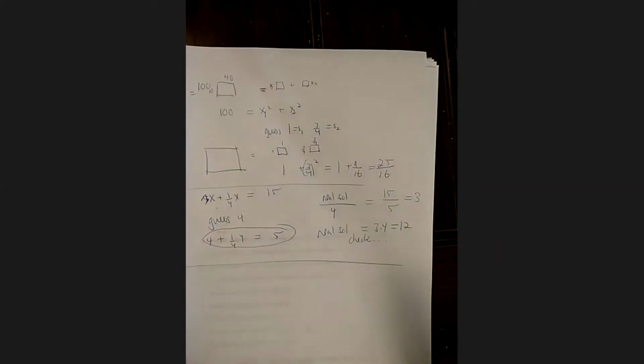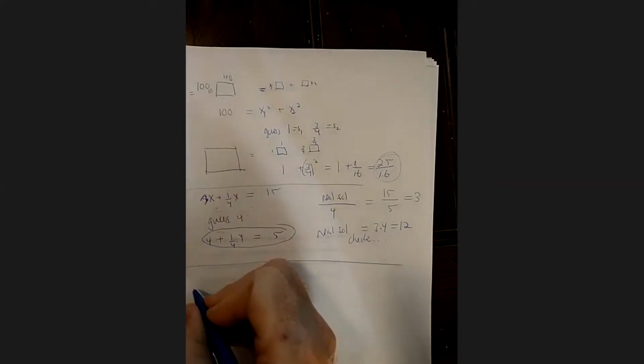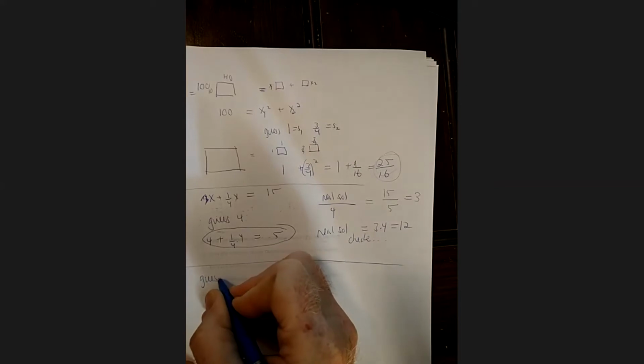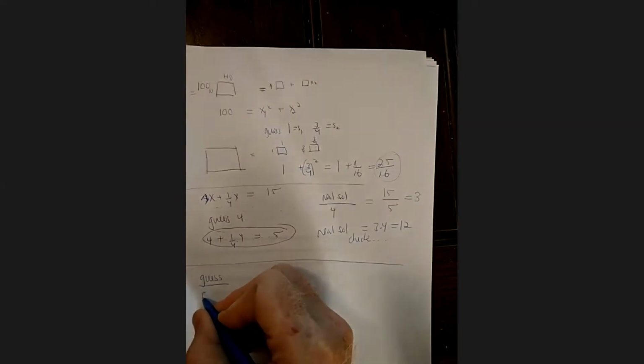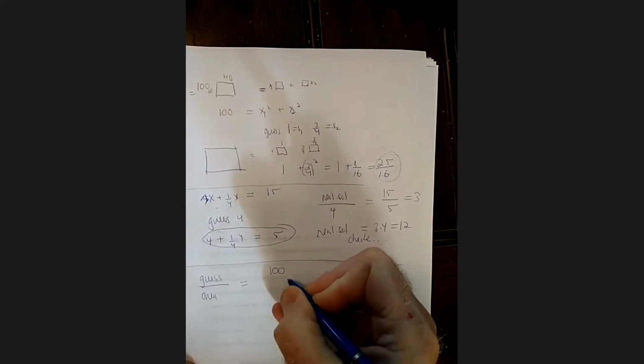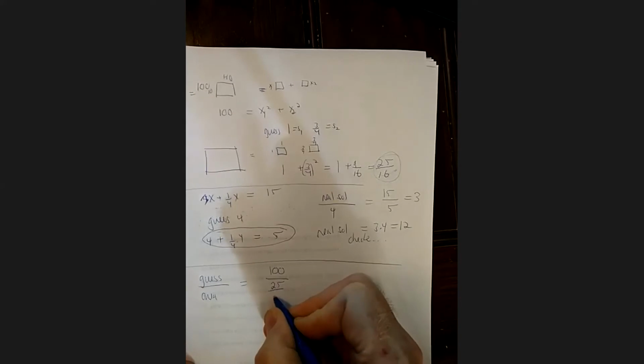So this is going to be analogous to that. The idea is that we had a guess, and the true area is going to be equal to 100 over the area that we got with our guess. So it's a little bit different, but the same idea.